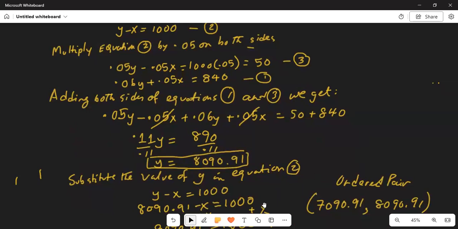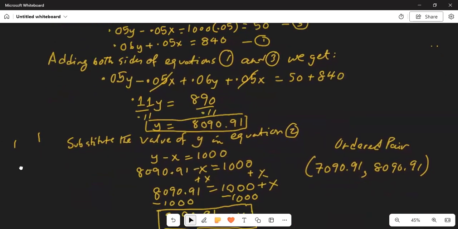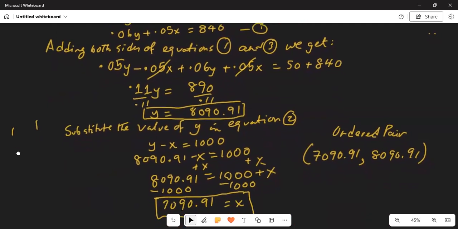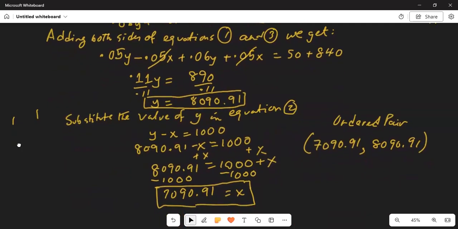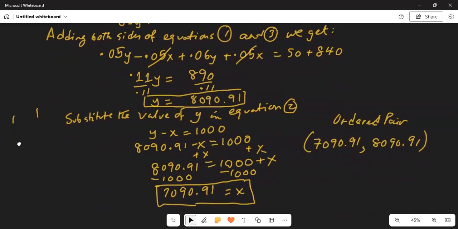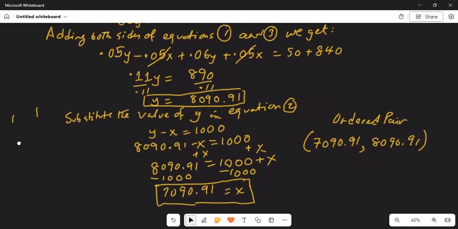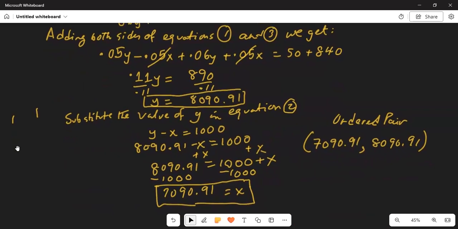Then we just move x from one side to the other side and solve for x. X is 7090.91. Hence, the solution is 7090.91, comma 8090.91.